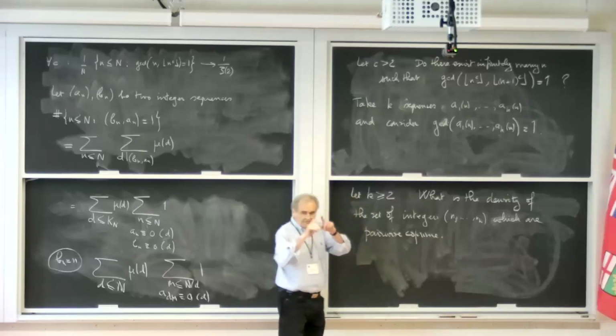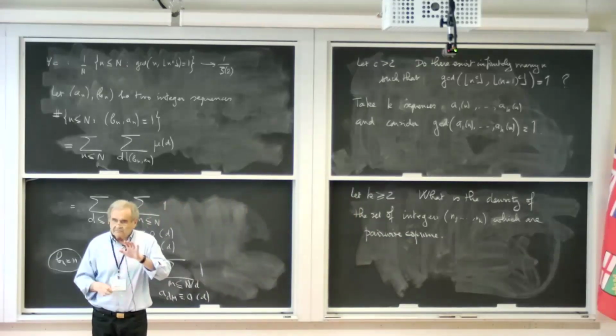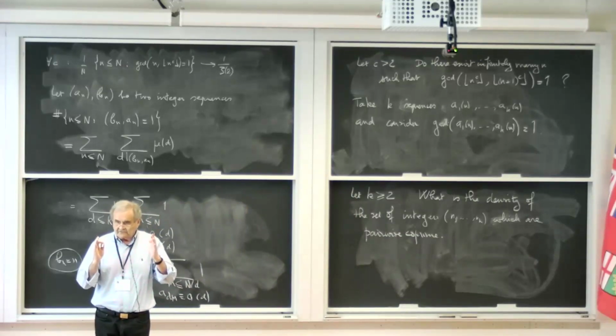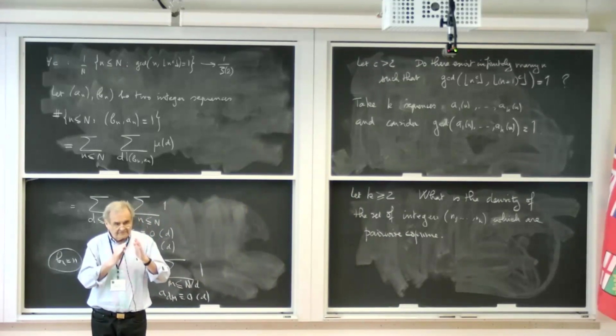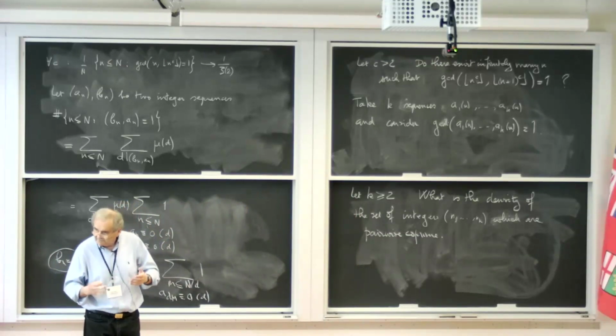Again, you construct a block of integers up to n, take k of them independently, count the number which are pairwise coprime, and try to see whether there is a limit and what it can be.